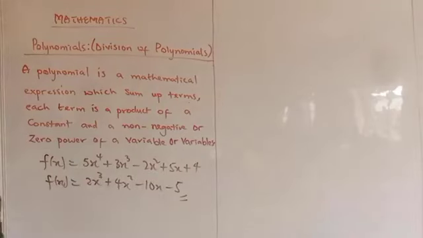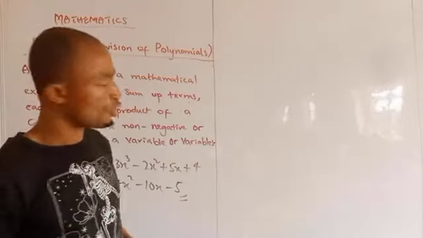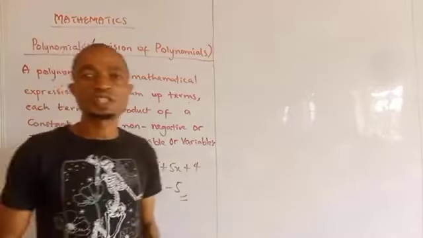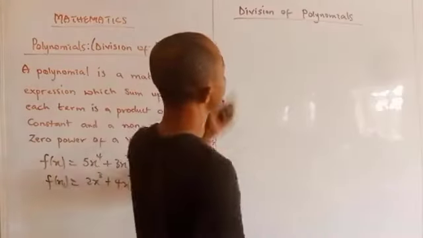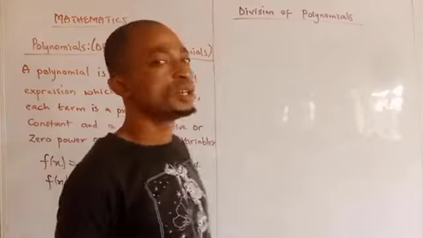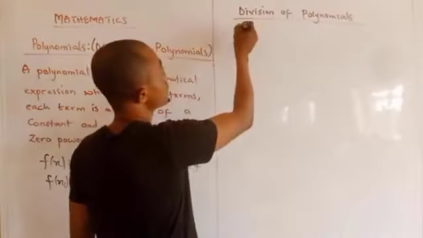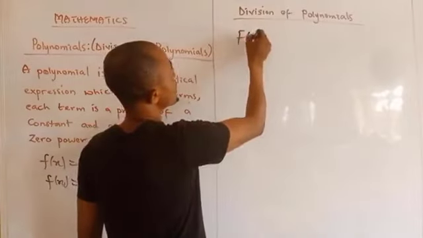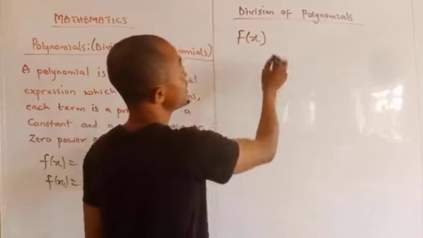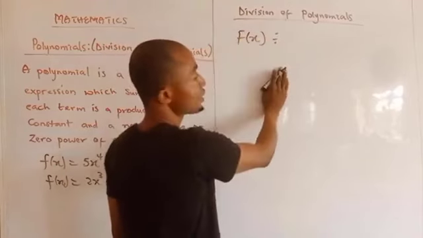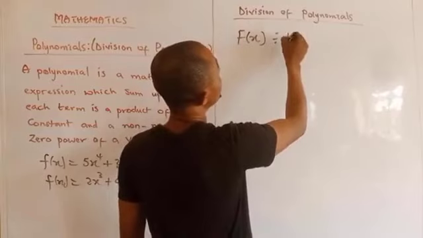But what we are going to do today is how to divide a polynomial. We are going to be looking at some examples on this. Let's say, for instance, we have a polynomial, let's call it f of x, which is now divided by another polynomial, let's call it d of x.